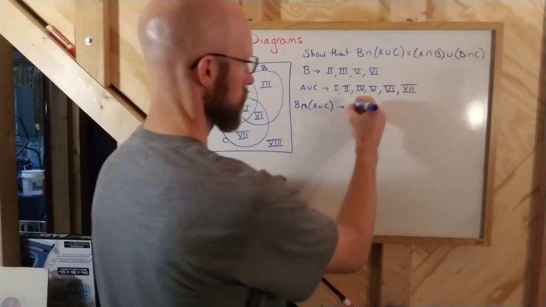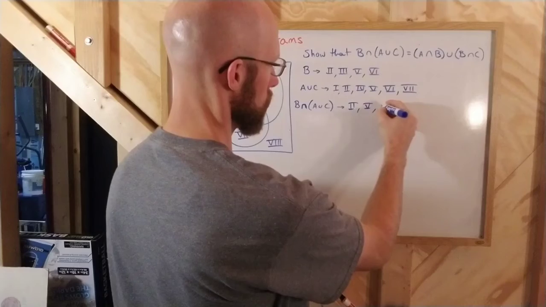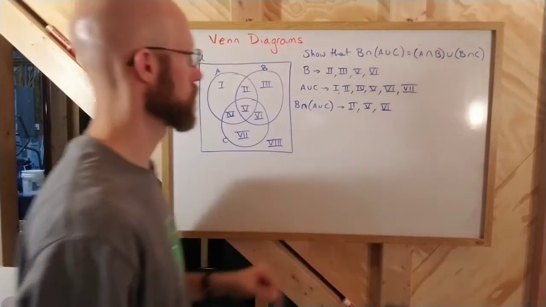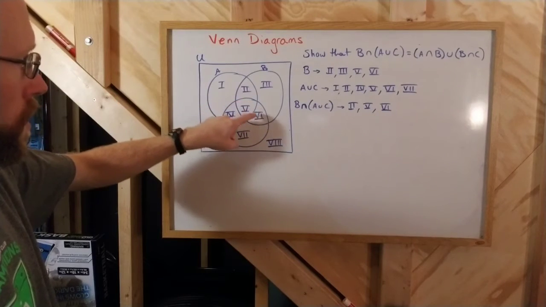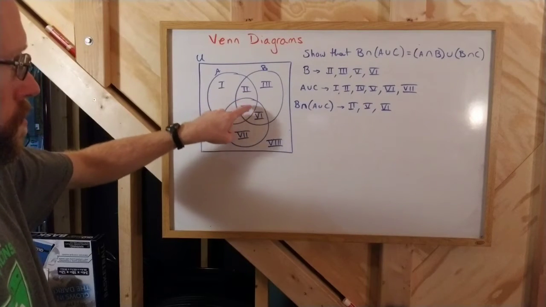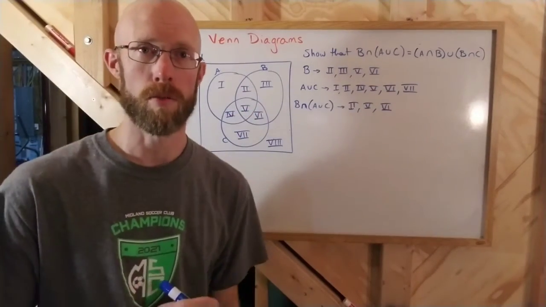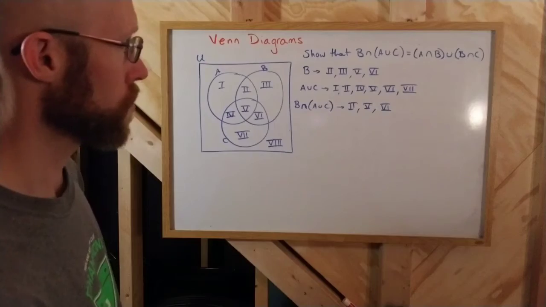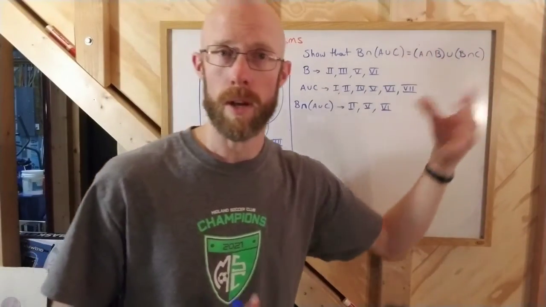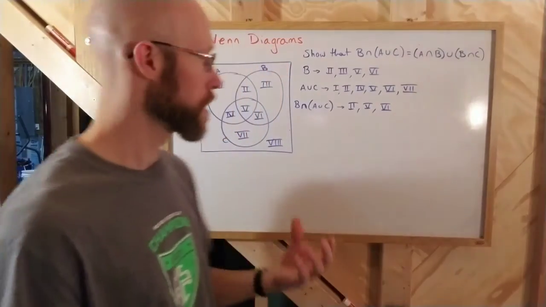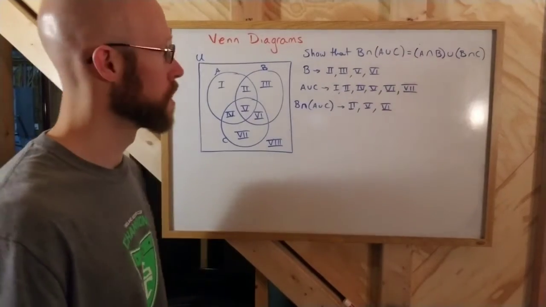So that's regions 2, 5, and 6. Let's see where they are on the chart here. 2, 5, 6. So it'll be these 3 regions toward the middle and right. Okay, so now what we need to do is just to see if the other side, when I evaluate it and think about what regions they are, if the regions are the same. Okay, that's how we would prove this to be true.